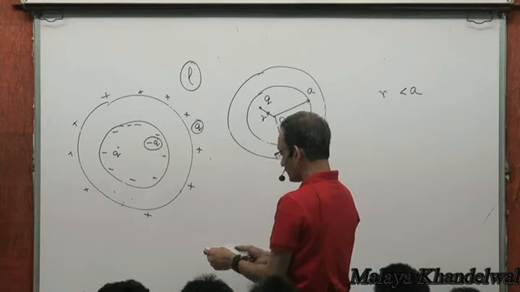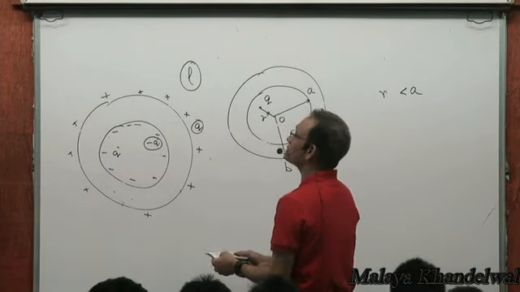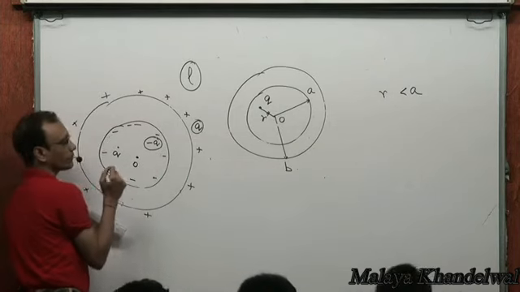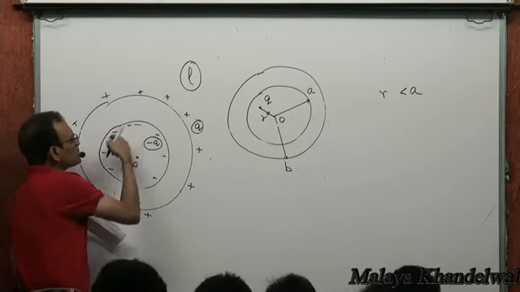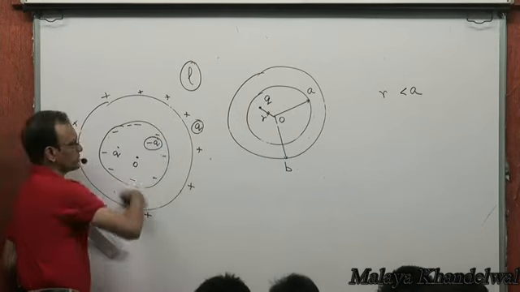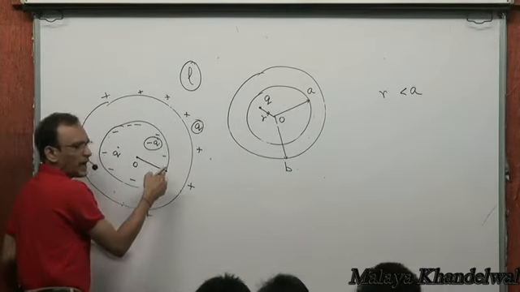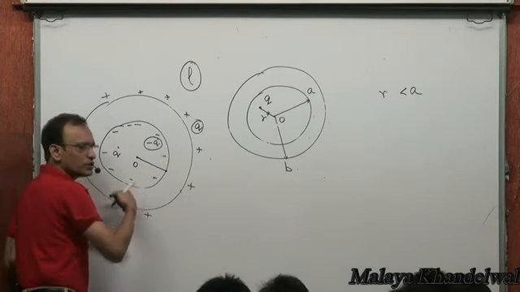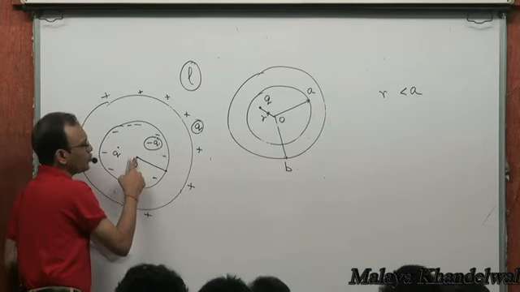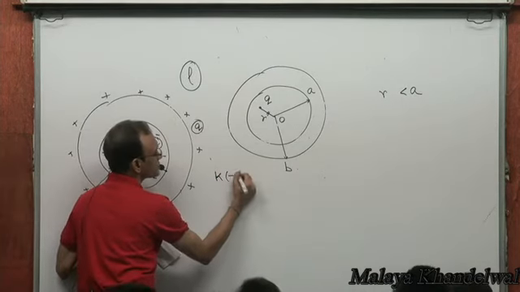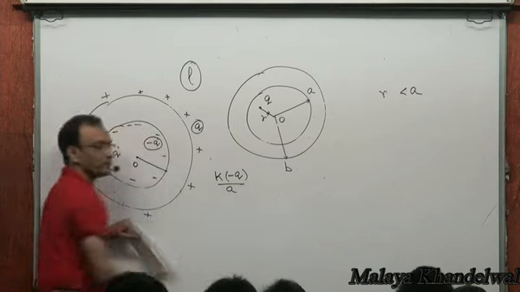Okay. Find the potential at the center O. Even if this charge minus q is non-uniformly distributed here, it produces the same potential at O as it would have if it was uniformly distributed. So the potential at O, because of this non-uniform distribution of charge, is going to be k times minus q divided by a.